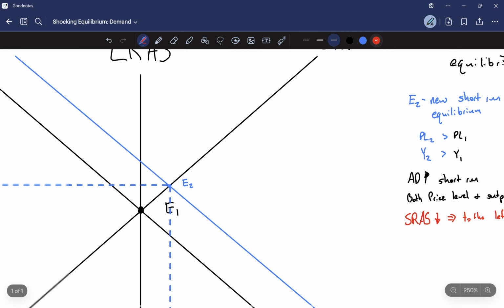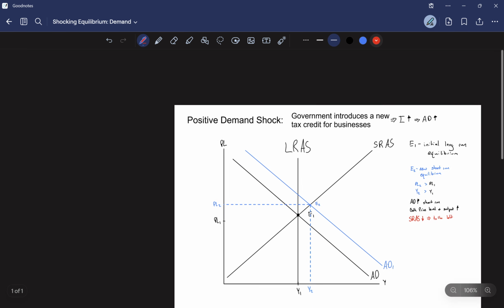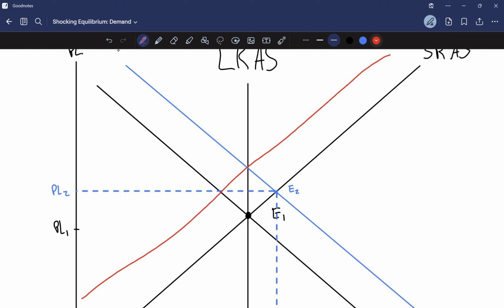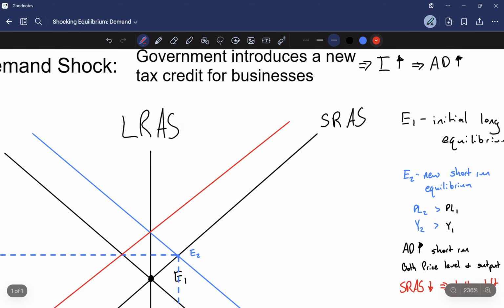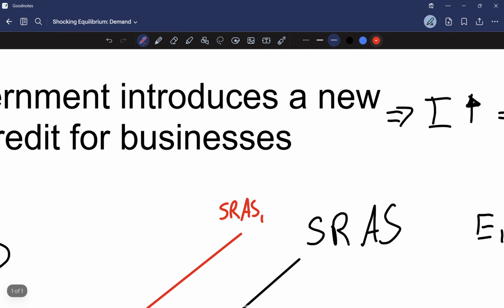We're going to have a decrease in short run aggregate supply. So how do we depict this on the graph? Well, we're going to draw a line through where our new aggregate demand and long run aggregate supply meet. We'll call this new curve short run aggregate supply 1, or SRAS1.